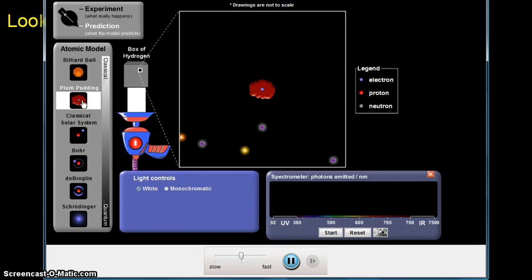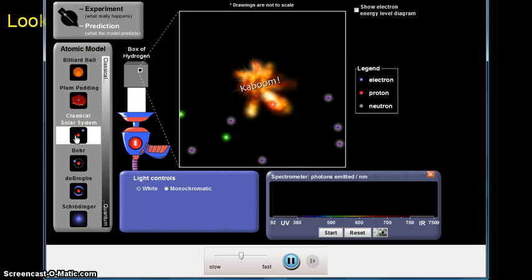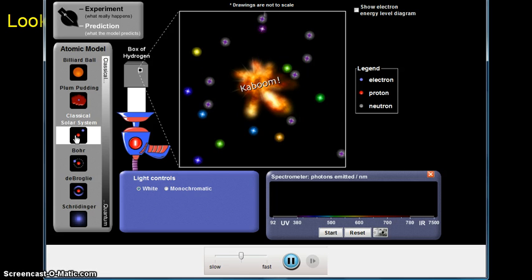If you think about a plum pudding model of this, any color of light that hits the atom would cause the charges inside the plum pudding to be excited and wobble. And again, we would have a spectrum that reflected that. If we had a solar system model where the electron had to be in a certain place, it just wouldn't work at all.